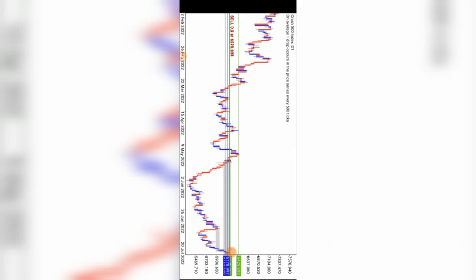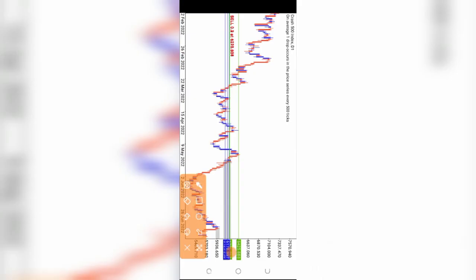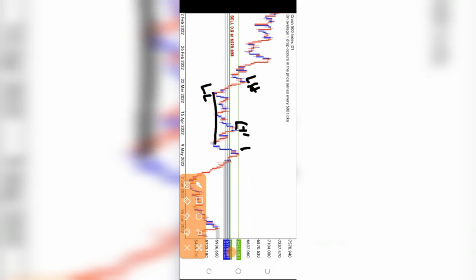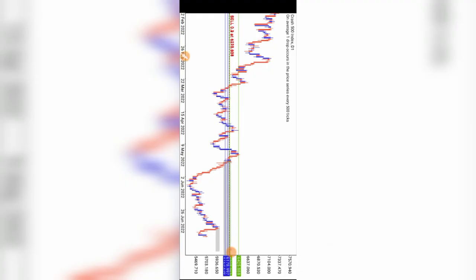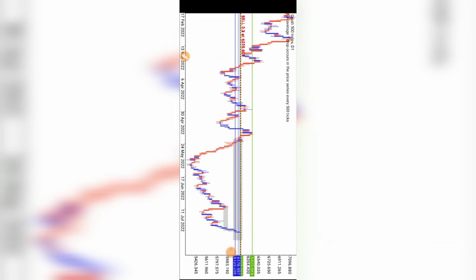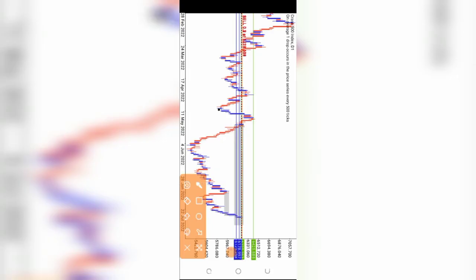Now looking at it here, from here we have our lower high, then we have this lower low, right? Then we have this BMS, then we now have this lower low. After this lower low, we now have this lower high. After having this lower high, we have our BMS here, right?